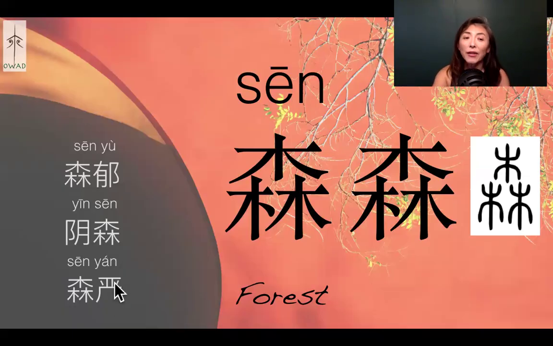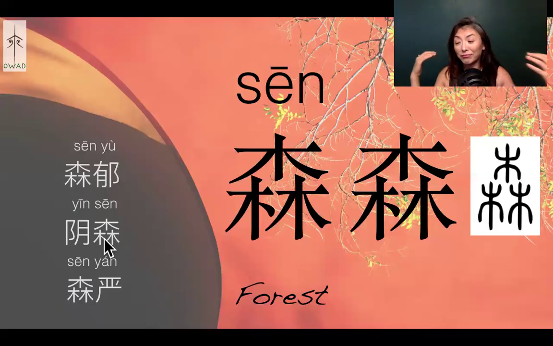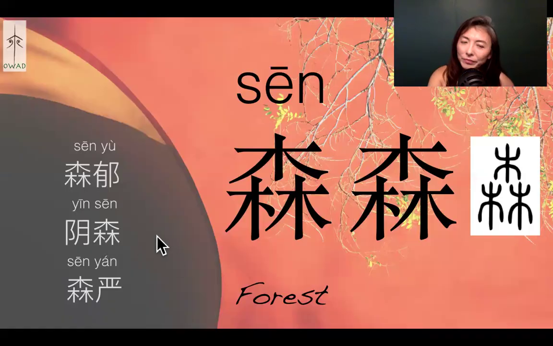And yan means tight, right? Sen, again, almost comparable to yin sen, has high rises and stacks of prison technique or resources placed strategically and three-dimensionally, so it's so tightly controlled and guarded and covered that it is difficult to escape.